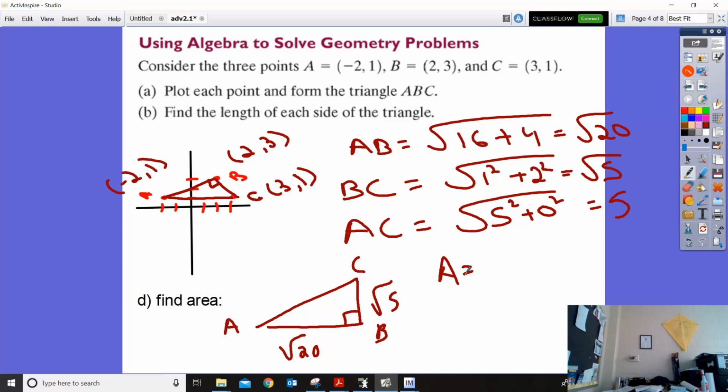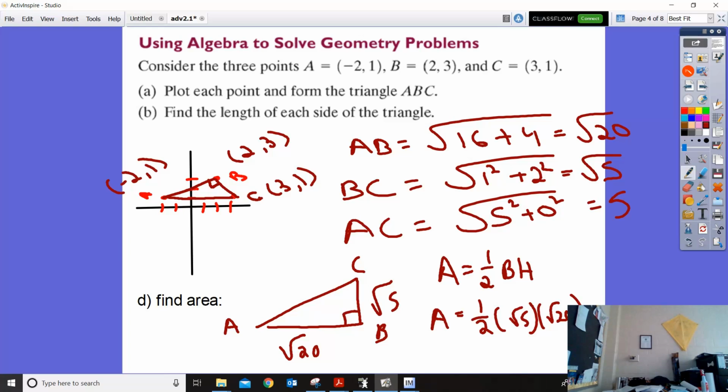Of course, the other thing I got to know is how you find the area of the triangle, which is what? Why not base and height? That's just simple substitution. One of my legs was root 5, and one of my legs was root 20. Try and do things without a calculator.